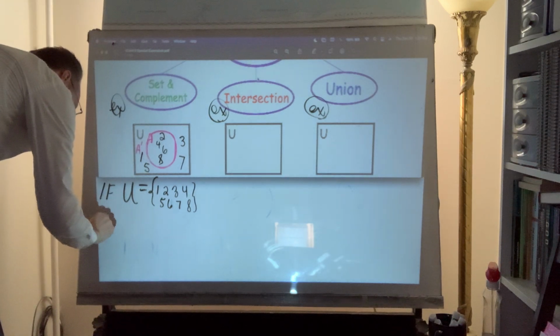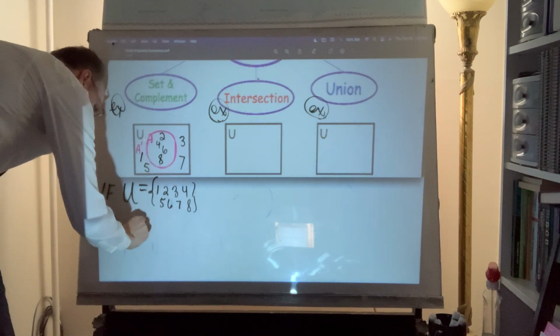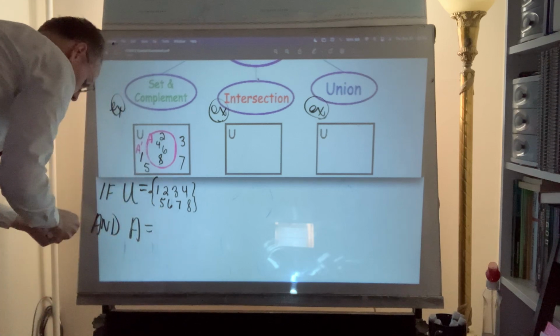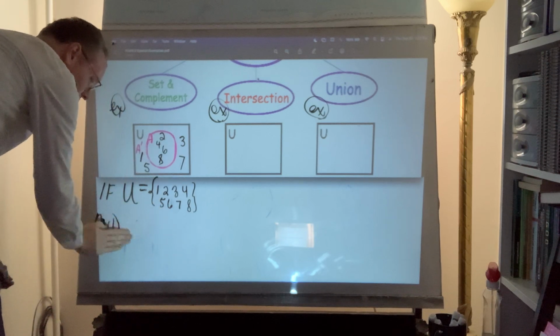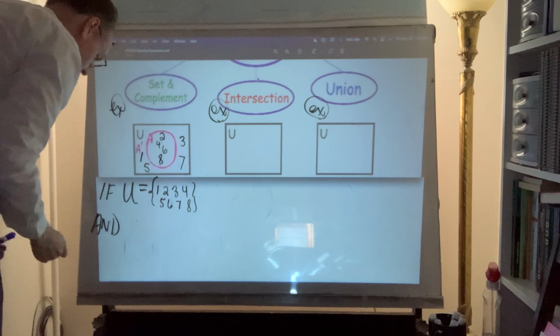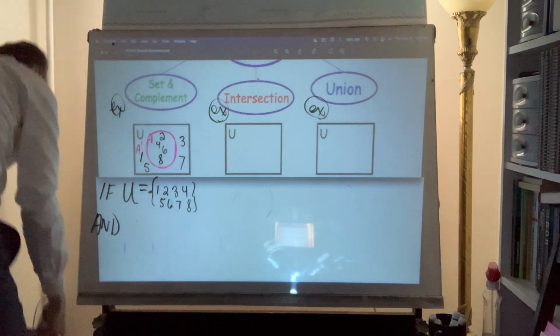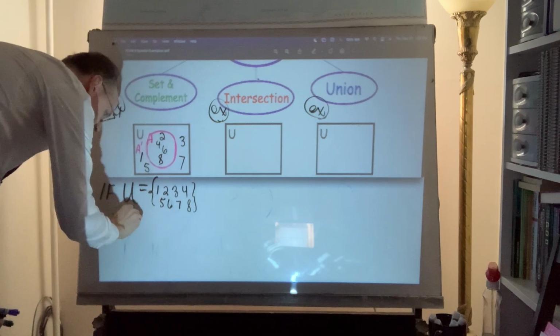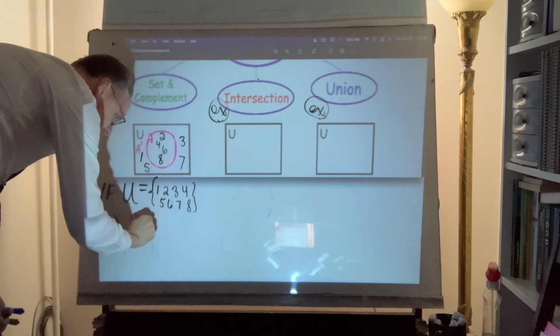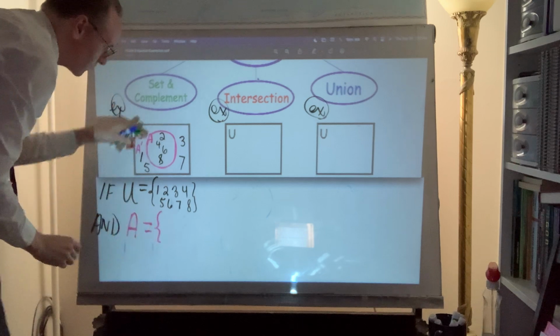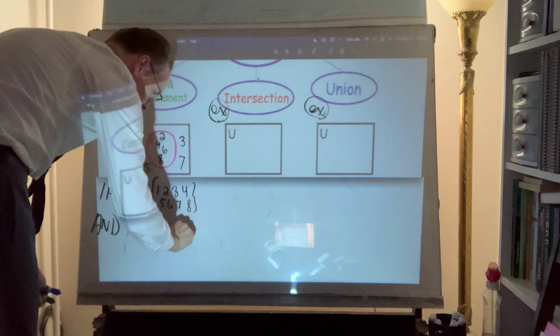And A is, maybe I'll put this in red to be consistent, A is the set of the evens 2, 4, 6, 8.